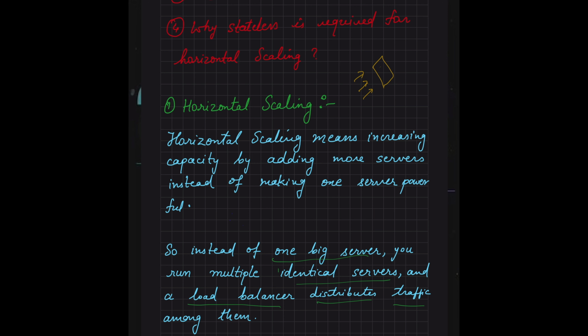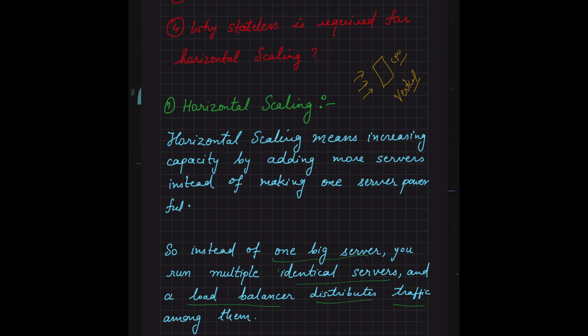In a single server, you increase its CPU and memory, making a single server powerful, and this is called vertical scaling. But you will reach a point beyond which you are not able to increase the memory. This is why in distributed systems we move to horizontal scaling.